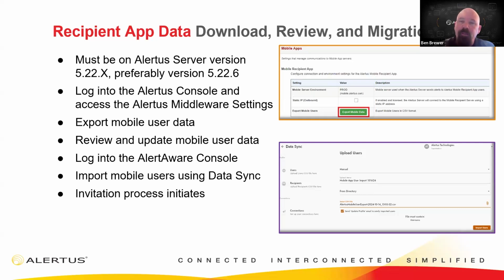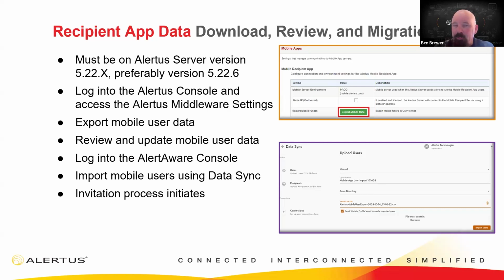And then once you're ready to go, we'll be able to migrate that data into Alert Aware. As I mentioned before, we do need to ensure that each of your Alertus notification systems is on version 5.22. Currently, we're 5.22.6. If you're on 5.22.1, that is fine.